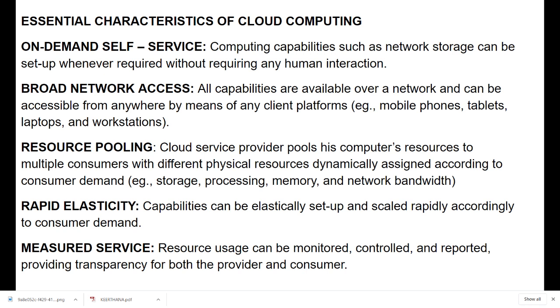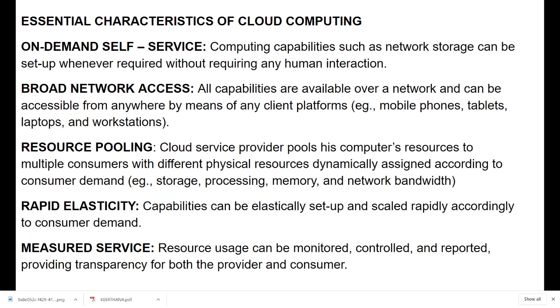The next one is rapid elasticity. Rapid elasticity is one more characteristic of cloud computing. It refers to scaling up or scaling down of resources according to the demand. How? Let us take our previous example. When the total number of passengers does not occupy all the coaches, they can be disengaged.